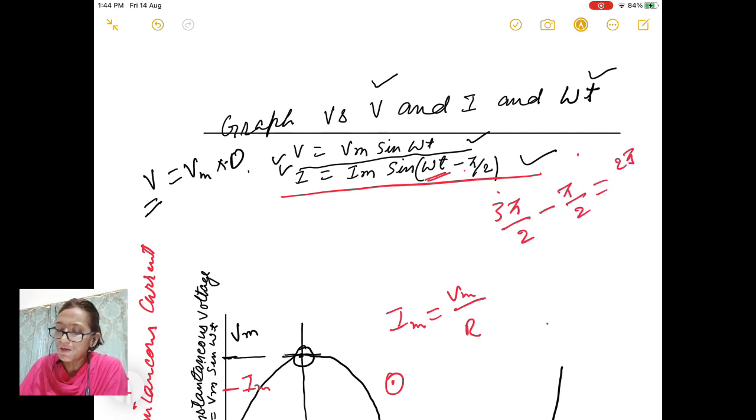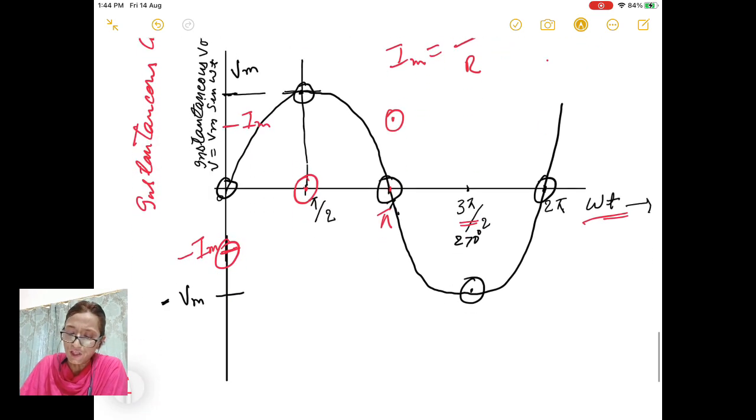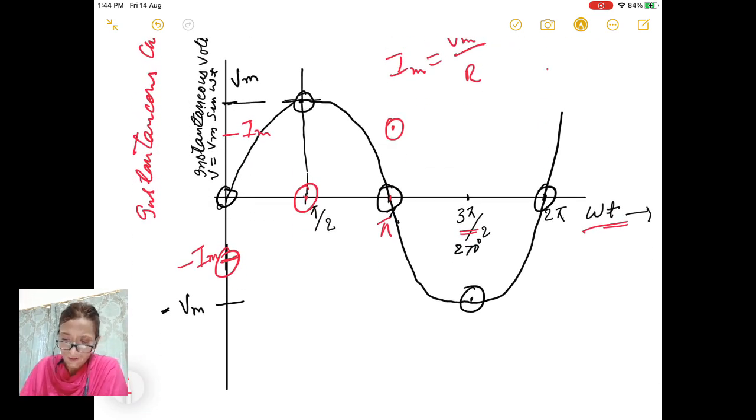So we get 2 pi by 2 and finally we get sine pi. And sine pi again is 0. So 0 multiplied by Im is equal to 0. So when omega t is 3 pi by 2, instantaneous current becomes equal to 0.